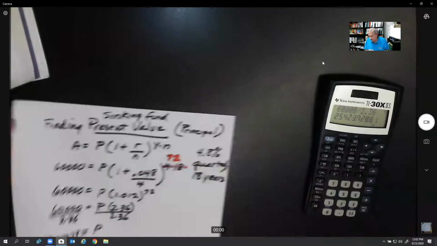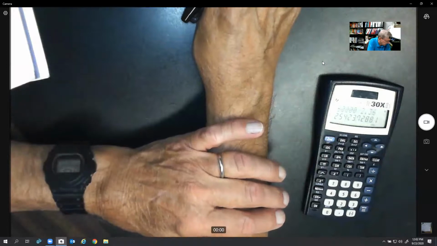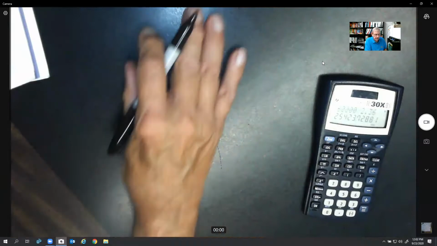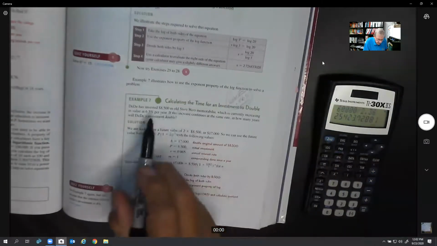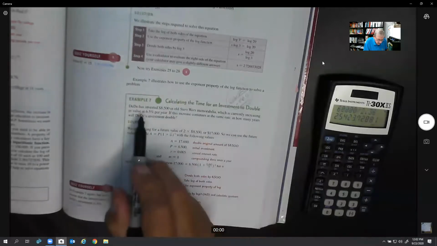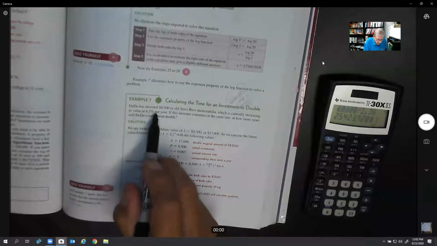Okay, the last problem we want to do is something called doubling time. It says Dee Dee has invested $8,500 in the old Star Wars memorabilia. She's invested all this money. Hopefully it will go up. It's currently increasing at 6.5% per year.